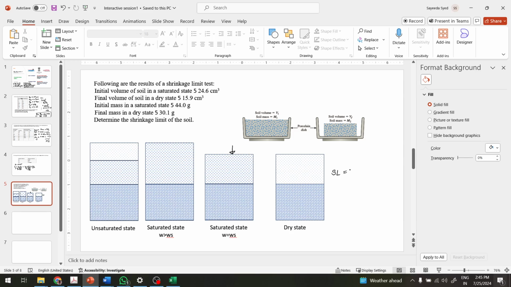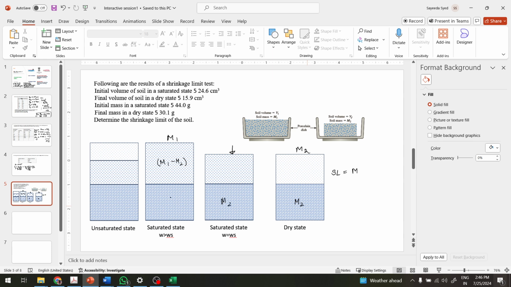So if this is M1 and this is M2, this will be M1 minus M2. See here you have this air, M2 will be only this.